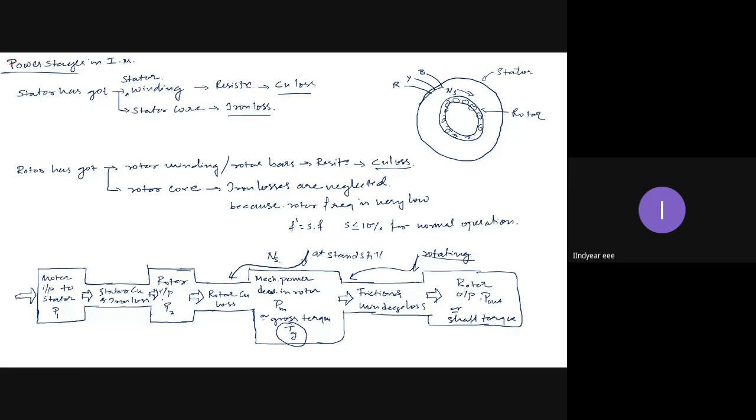This rotor input is also the stator output. When I deduct the stator losses from the stator input, the remainder is the stator output. The motor input P1, or stator input, both are the same.